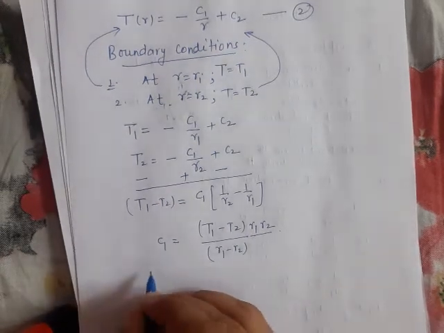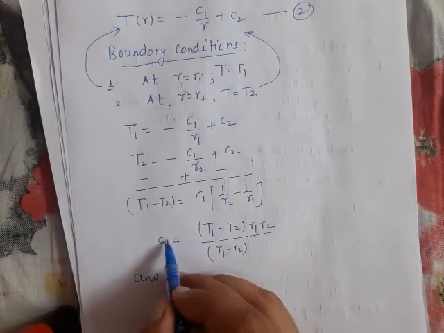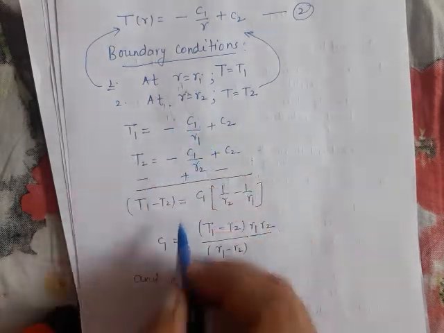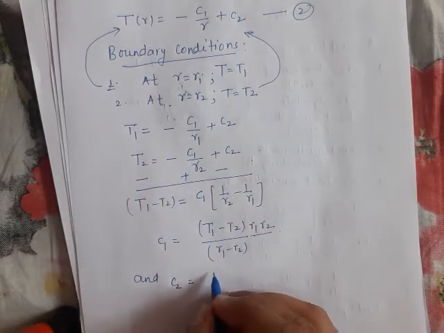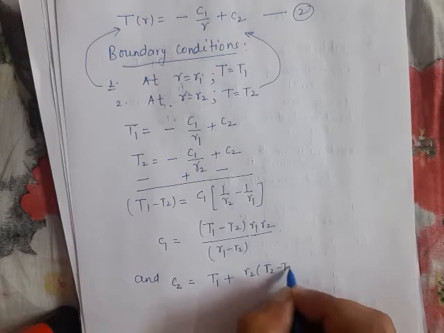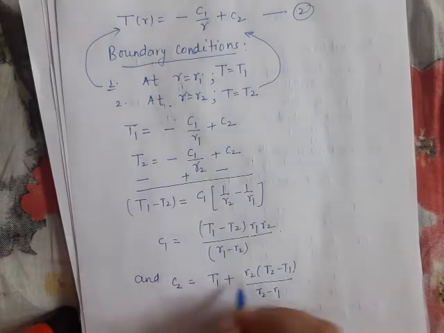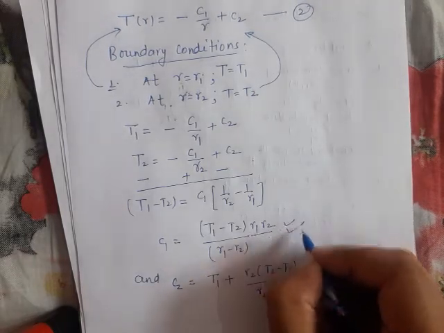And if I calculate C2 by putting the value of C1 in one of these equations, we have C2 as T1 plus R2 (T2 minus T1) upon R2 minus R1. This is the value of C2, and this is the value of C1.